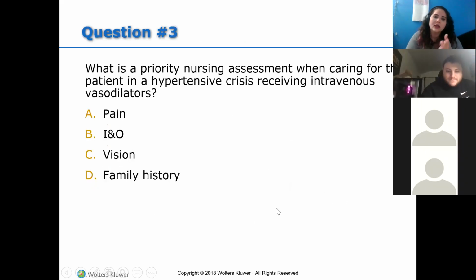Okay, question. What is a priority nursing assessment when caring for the patient in a hypertensive crisis receiving intravenous vasodilators? Pain, ins and outs, vision, or family history?